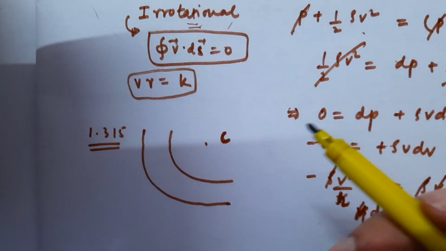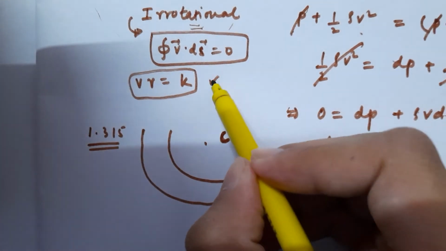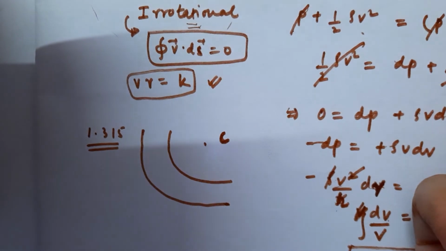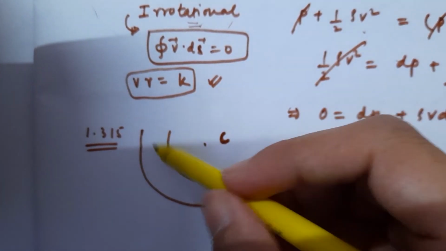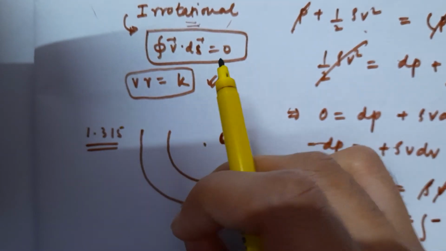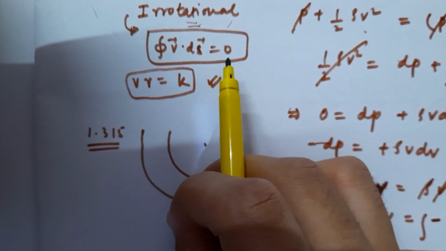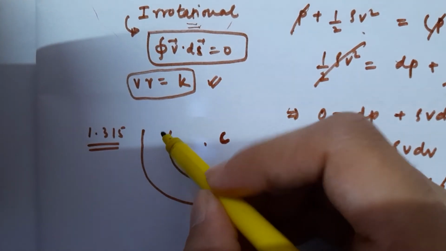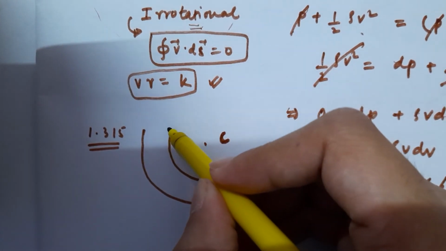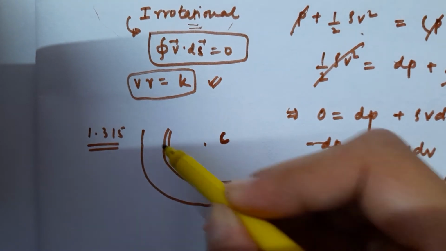So we have to draw streamlines. From this relation, VR equal to constant, I can easily draw the streamlines as I have told earlier. Now we can say that as the radius increases, the velocity of any fluid element decreases, right? So the streamlines are gapped. So I can draw the streamlines like this.